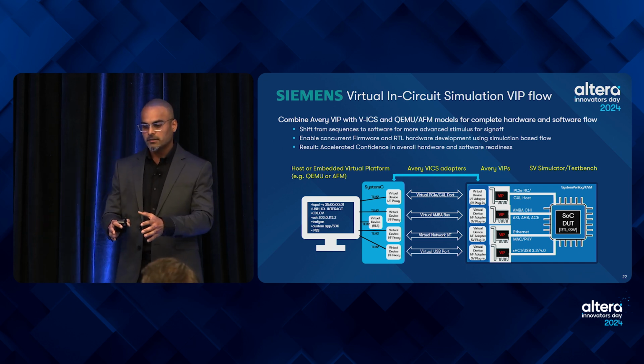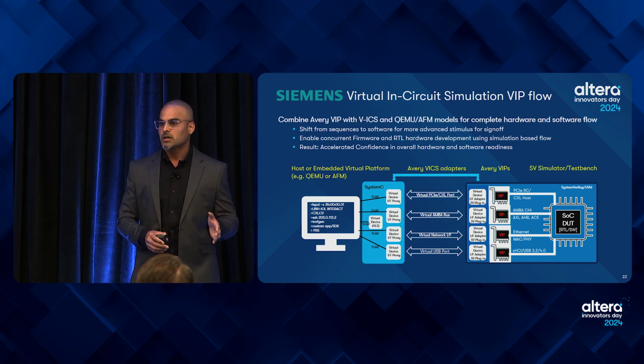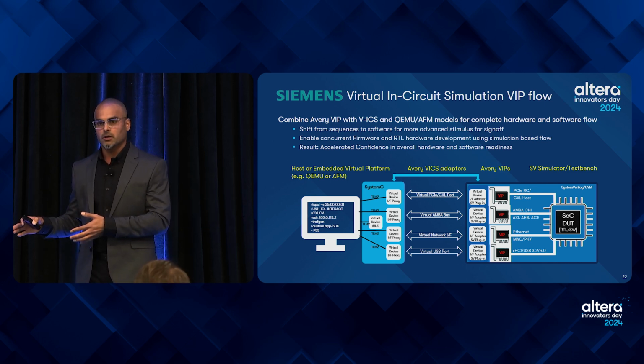And then you connect that with this virtual in-circuit simulation using adapters that translate the system-level, C-level transactions to a SystemVerilog level interface. So that's the beauty of this. And what does that result in? It gives you an accelerated confidence in overall hardware and software readiness. You want your designs to be ready in both software and hardware as soon as possible.